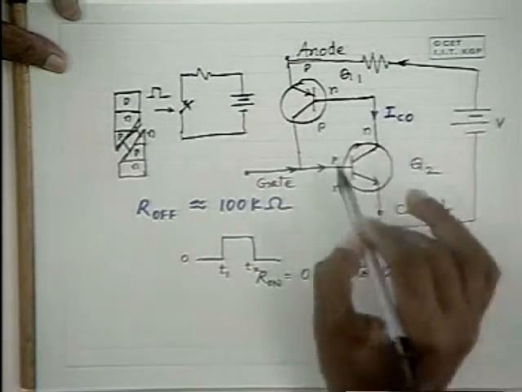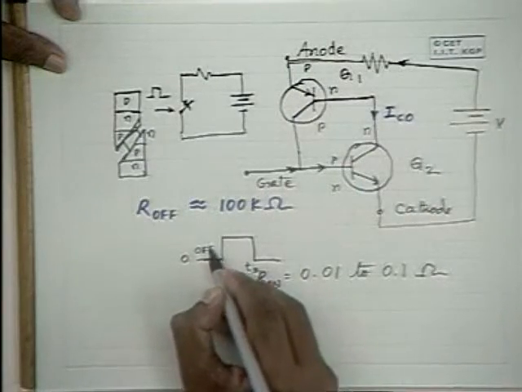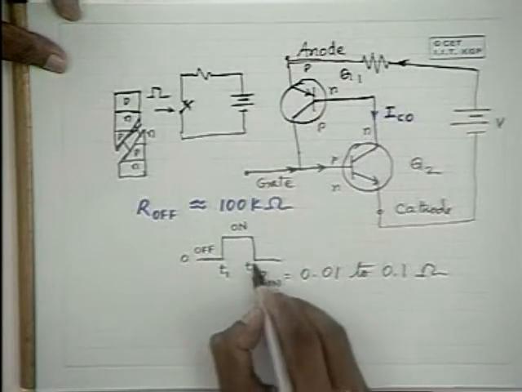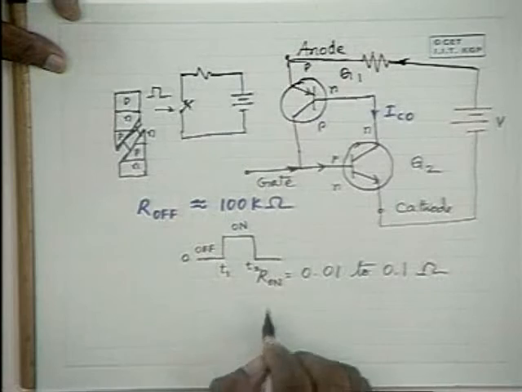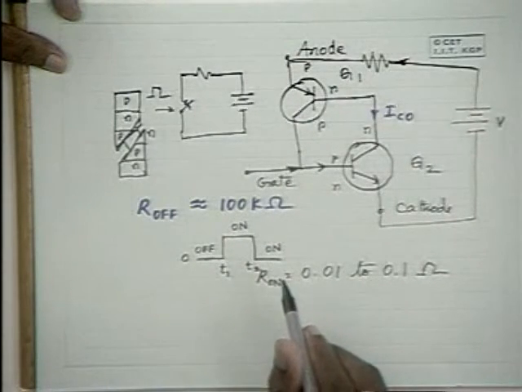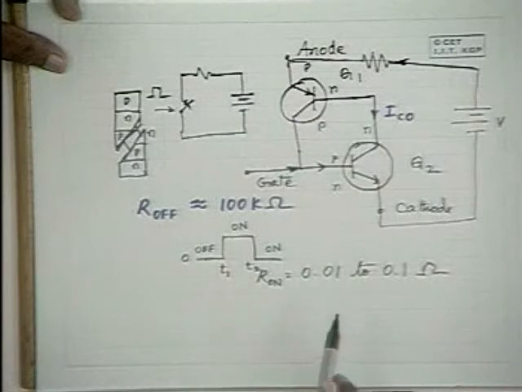Therefore, this circuit remains on. So initially, to start with, it was off, and it is turned on here. And once it is turned on, even if the positive potential at the gate is removed, it still remains on. Hence, a small triggering pulse is sufficient at the gate to trigger the switch. So that's how the SCR works.